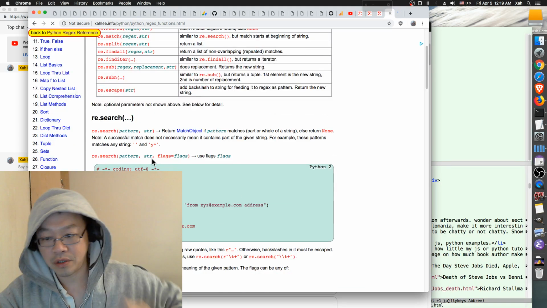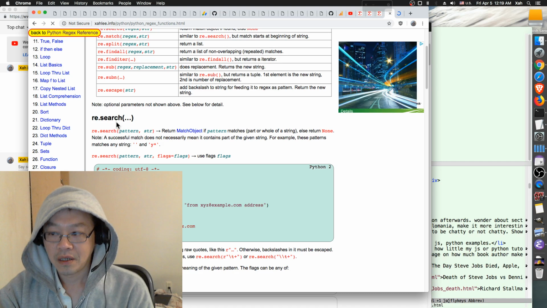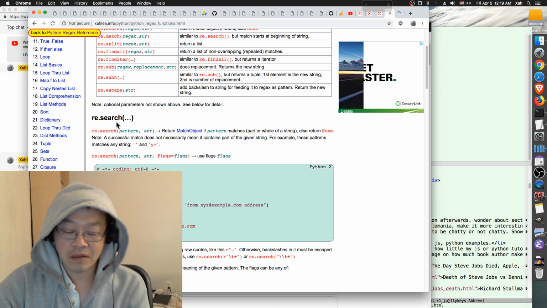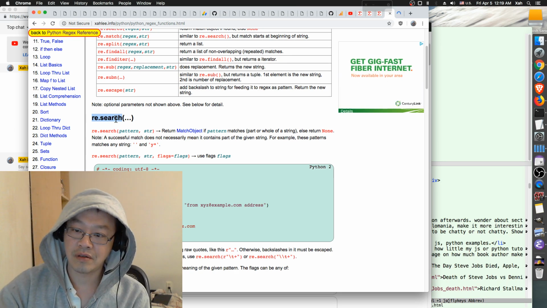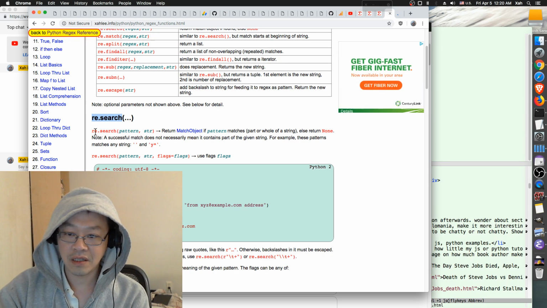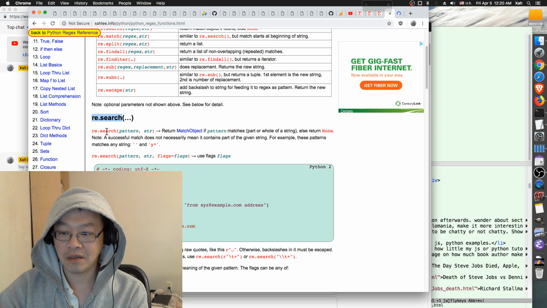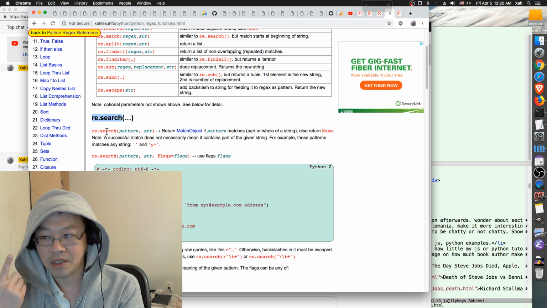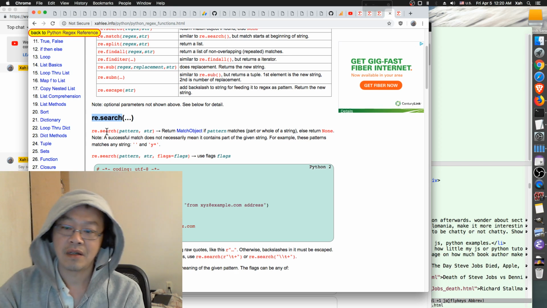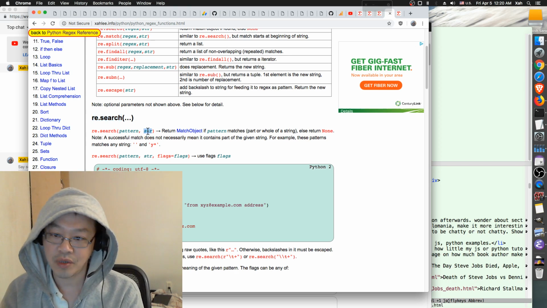Okay, search, for example. Python has regular expressions. You have a function that searches a string. The syntax is it takes two arguments. The first argument is a regular expression pattern, and the second argument is a string.